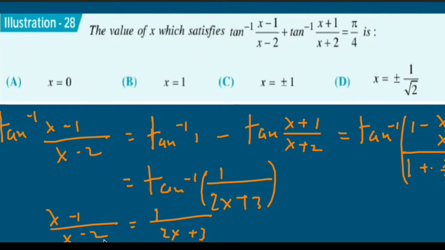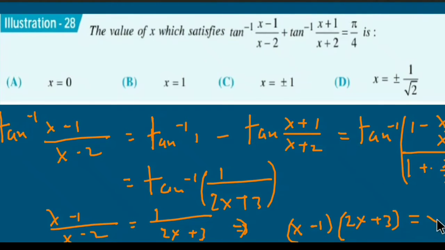And equating this by making cross multiplication, you can solve this value. This implies that x minus 1 into 2x plus 3 is equal to x minus 2, right? So here that is 2x square, minus 3 and minus 2x plus 3.